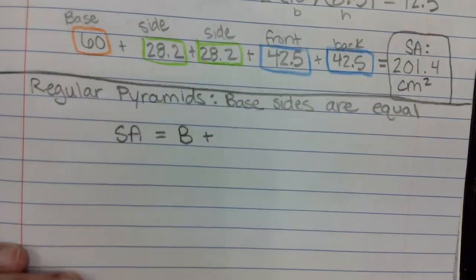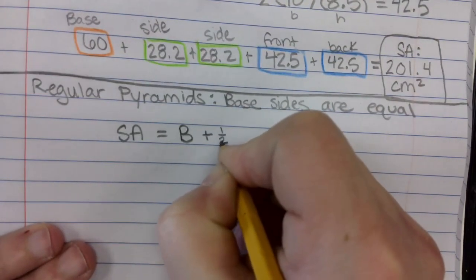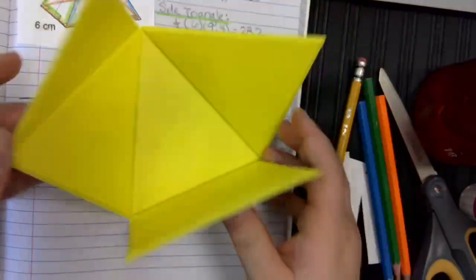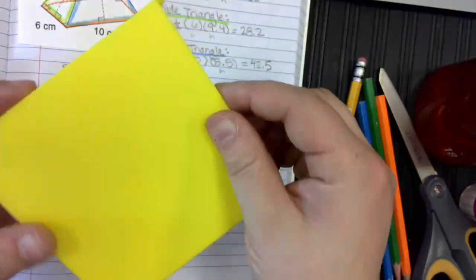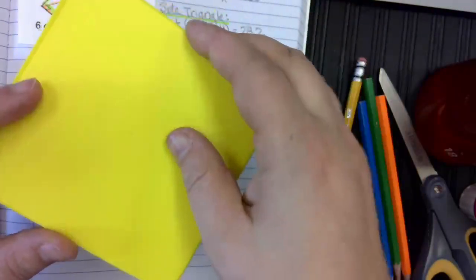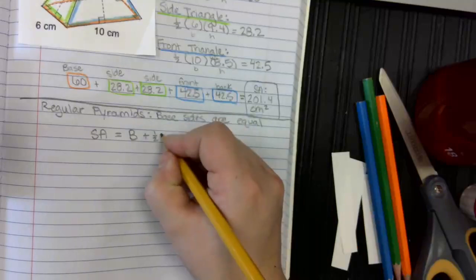And remember, for the area of a triangle, we do 1/2 base times height. But to put all those triangles together, rather than finding each triangle individually, we know that those triangles come together to form the outside of the base. So how could we find, what's that called when we find the outside length of the base? Perimeter, yes. We're going to do 1/2 perimeter.